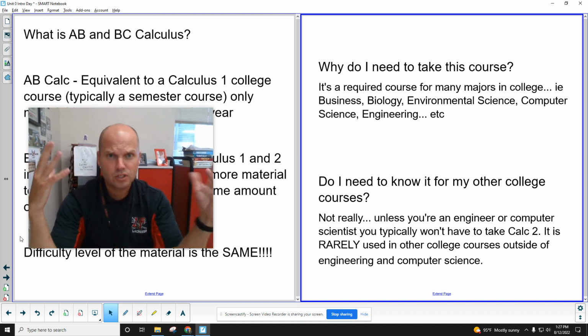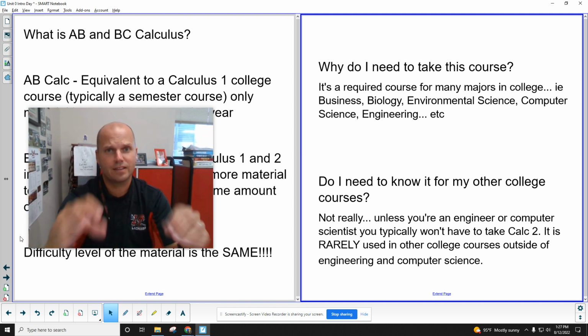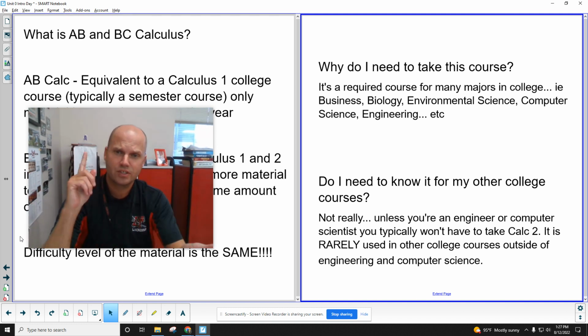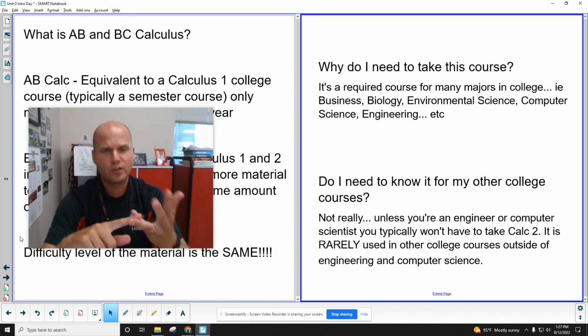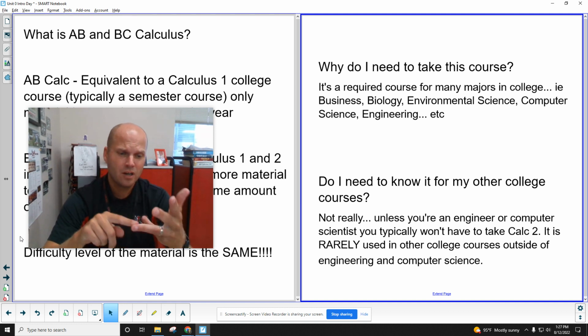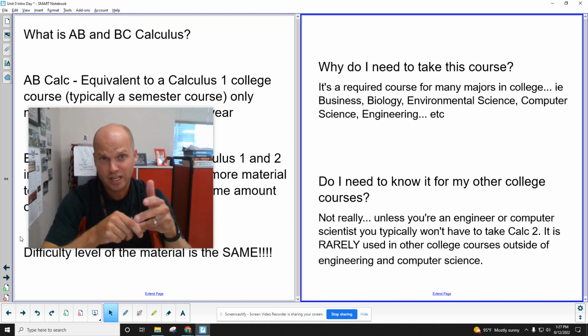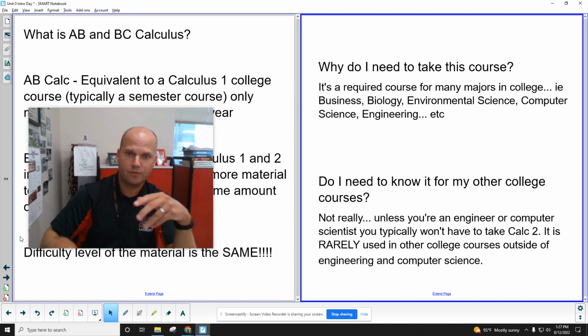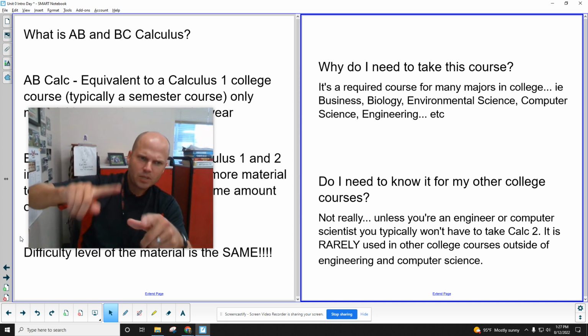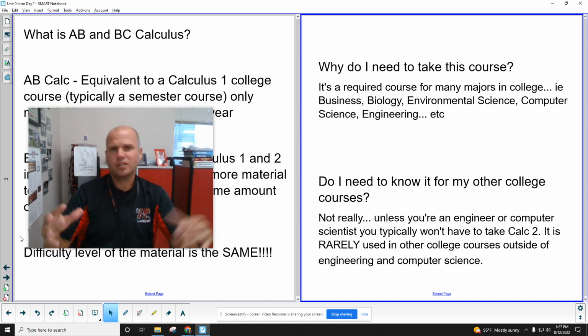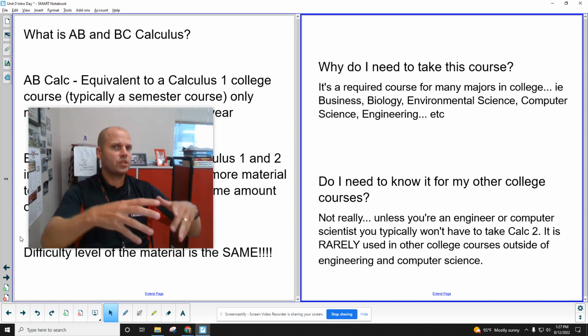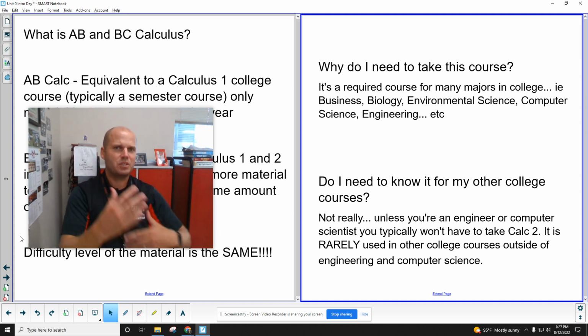Why do you need to take this course? It is a required course in a lot of different majors, businesses, all of the sciences. Definitely, if you're a computer scientist or an engineer, you will need calculus because you'll probably be using it in your life. But unless you're a computer scientist or an engineer, you usually don't need the calculus courses after that. You don't need the calculus material, the knowledge.